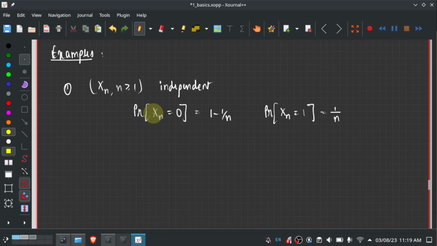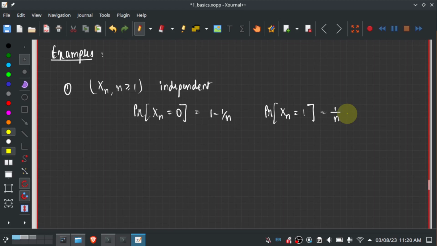It's a Bernoulli random variable, but the parameter varies as you vary n. The probability that xn is equal to 0 is 1 minus 1 by n, and the probability that xn is equal to 1 is 1 by n. So that's the sequence of random variables.